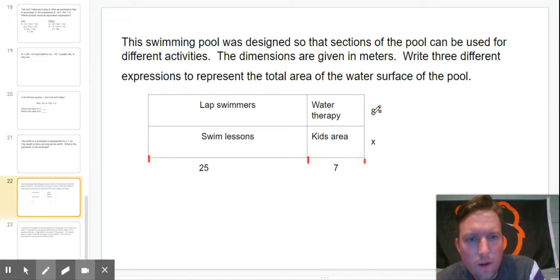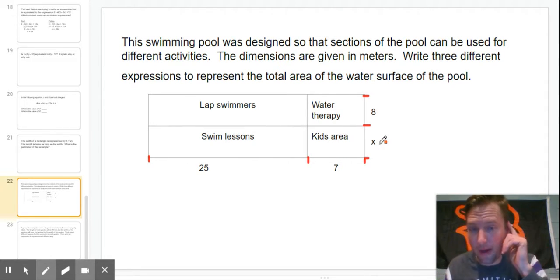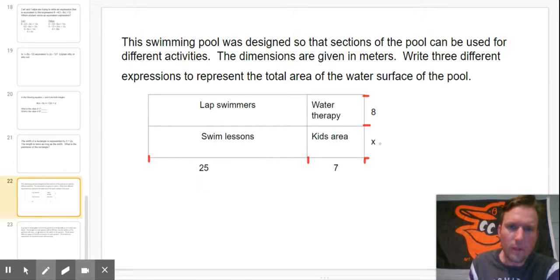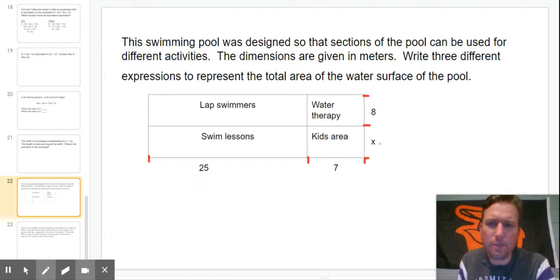This whole big rectangle here would be 8 meters from here to here. And then this section would be x meters. We don't know the value of that, so we're going to use it as a variable of x. So write three different expressions to represent the total area of the surface of the pool.